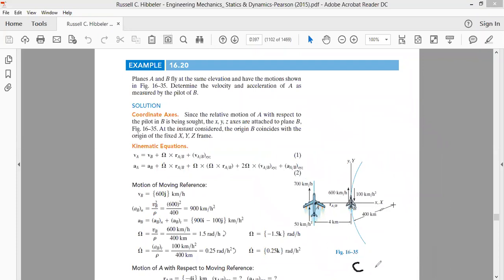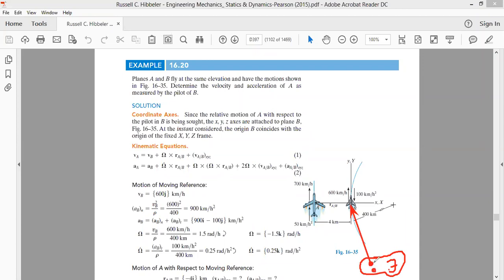We are having a ground frame of reference, okay? So this is our ground frame of reference. With respect to this ground, if we draw the vector, aircraft B is moving. So if we have an observer on the ground, this is the origin with respect to the ground frame of reference.